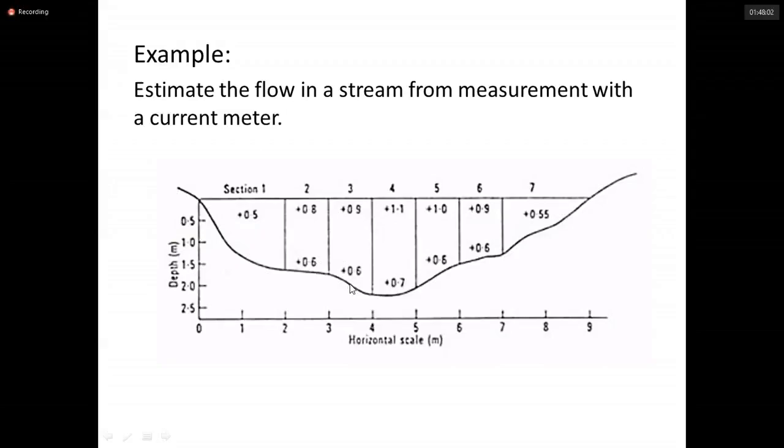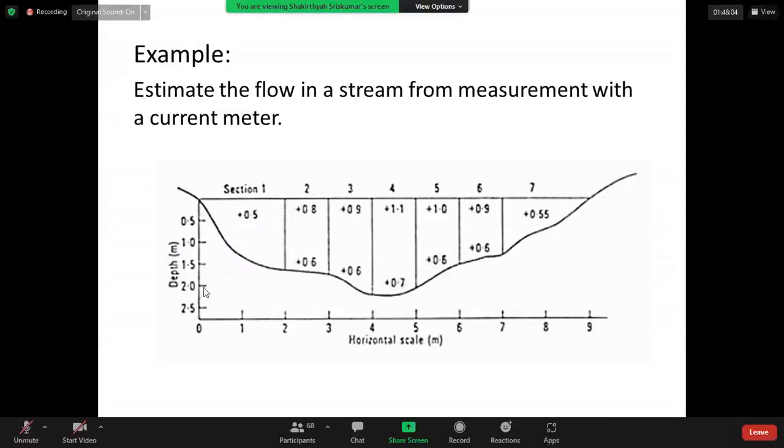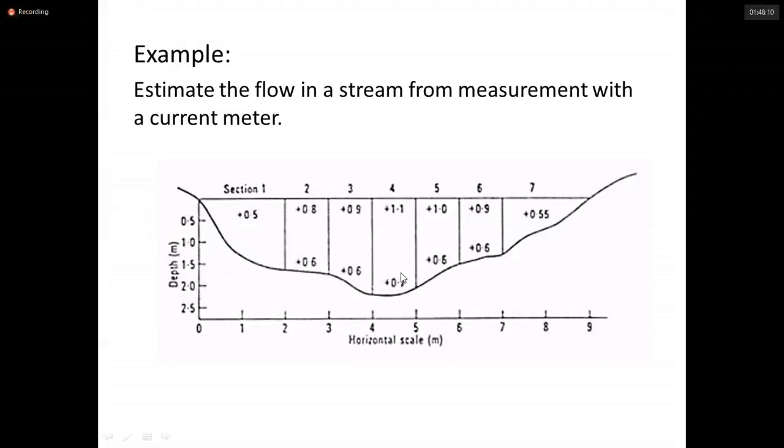The depth of section 3 is 2 meter. Depth of section 4 is 2.2 meters. Section 5, 1.8 meter.